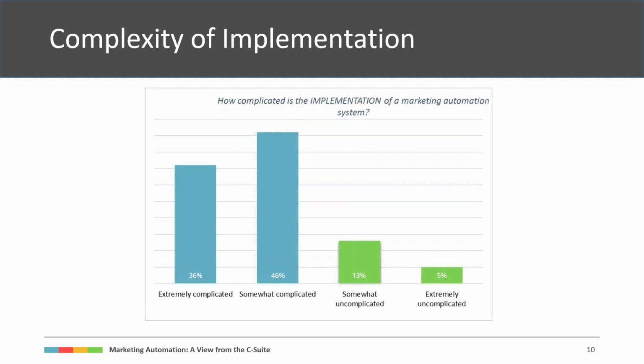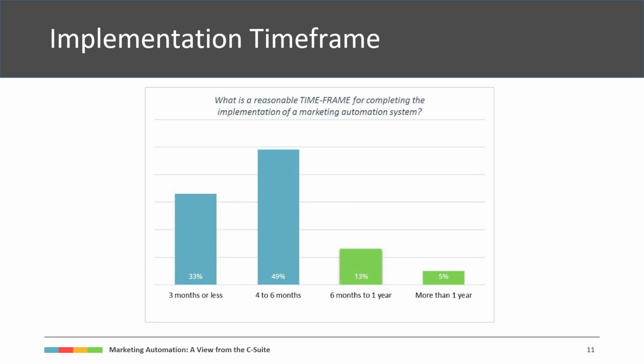And then the final part of the survey was around implementation timeframes, and what they considered as the typical time frame. And usually it ran anywhere from 4 to 6 months for the majority of the implementations.